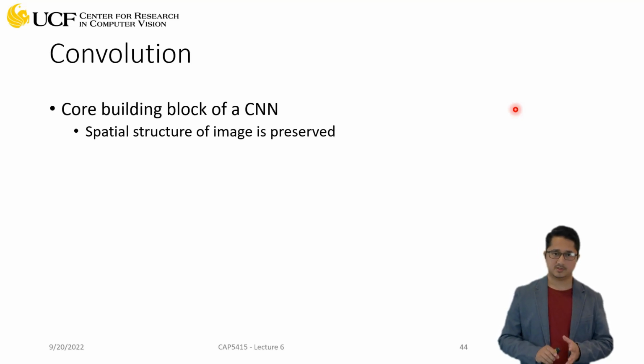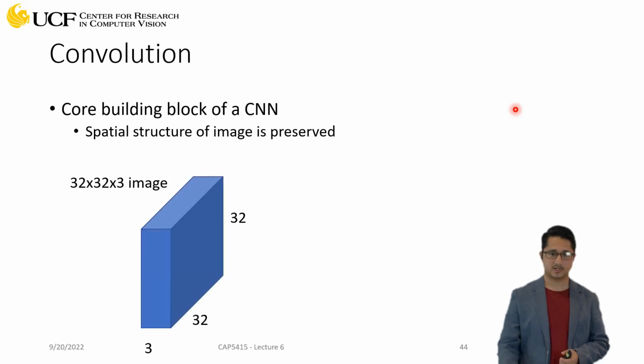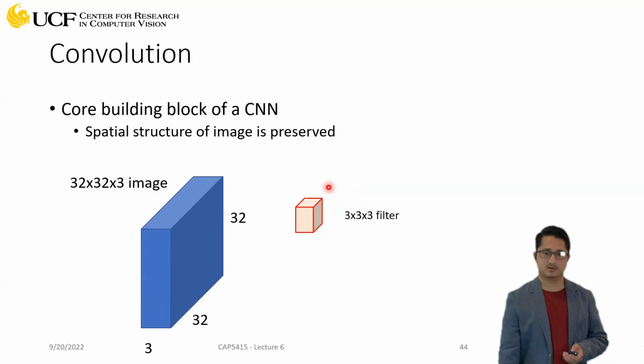Okay, so what happens is we try to preserve the spatial structure of the image. Let's say this is your input image of resolution 32 cross 32, which means 32 pixels in height, 32 pixels in width, and 3 in the channel dimension, right? So this is your input image. You have these filters.